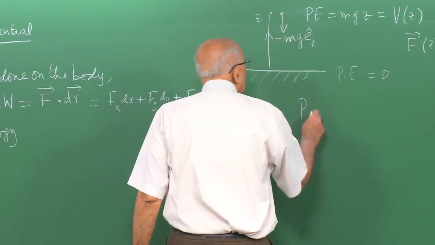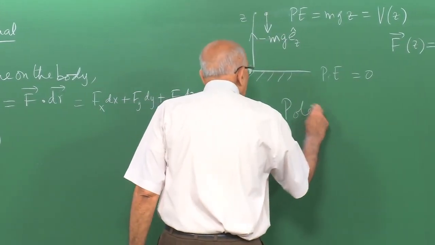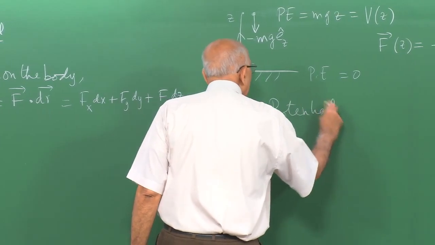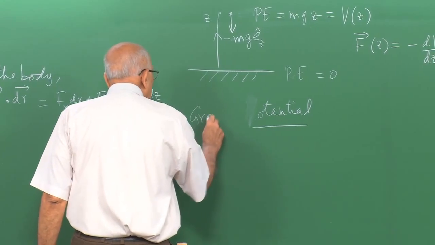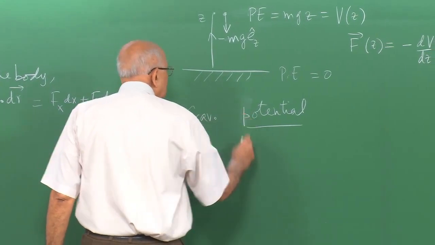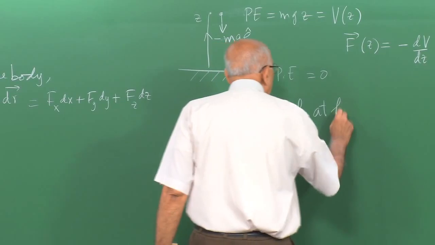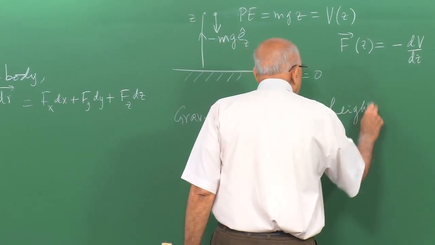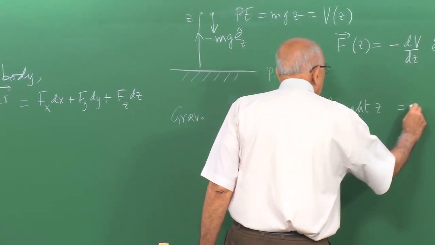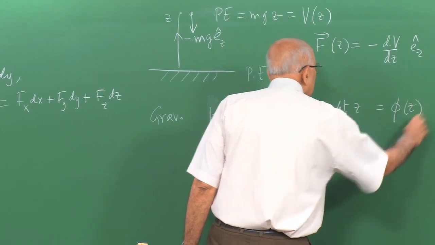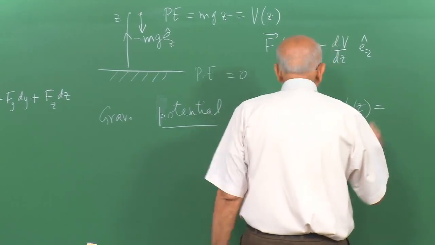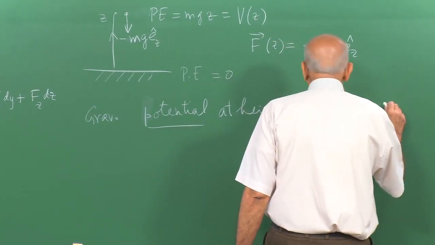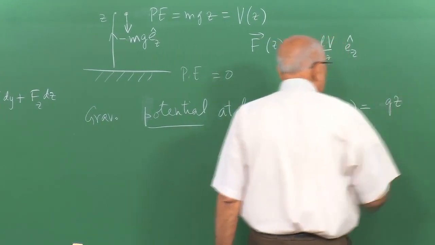So I could define not a potential energy but a gravitational potential, because it is the gravitational force, potential at height z, say phi of z, and in this problem this is equal to g times z itself.